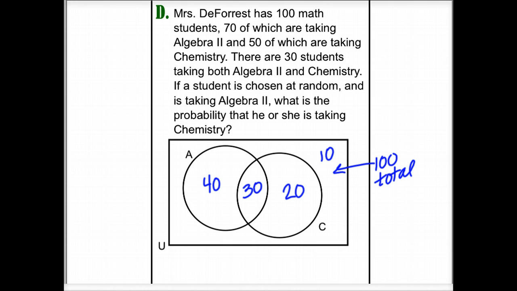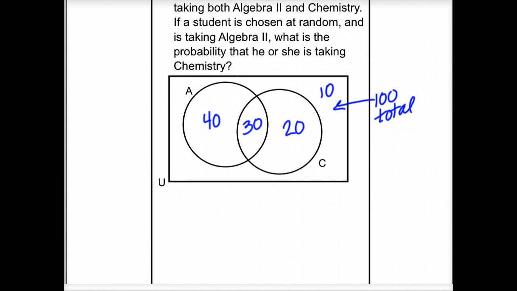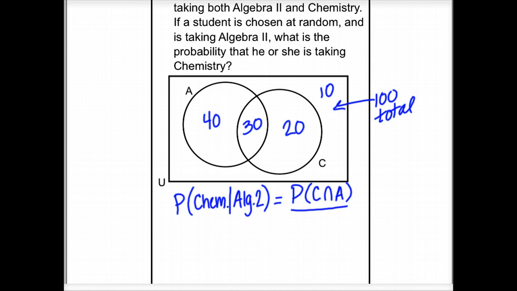Now that we have that, we need to know the probability that, given the person is taking Alg 2, they are also taking chemistry if I select them at random. Breaking that down, that's going to be the probability of taking chemistry and Alg 2, and we're going to divide that by the probability of them taking Alg 2, because Alg 2 is what we are assuming has already occurred.